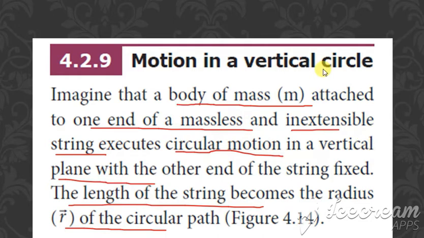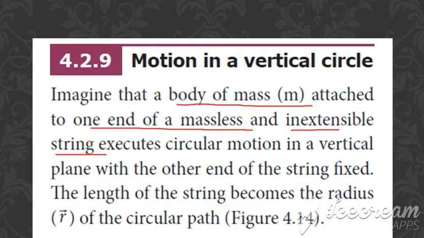If it is attached like this and moving in a circular path, this is the length. When you consider it as a circle, that also becomes the radius, is it not? So we are saying that the length becomes the radius of the circular path. Clear with this?